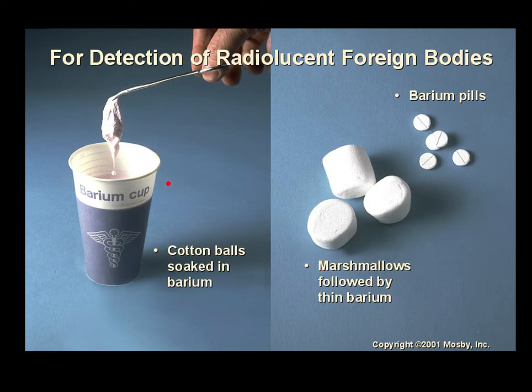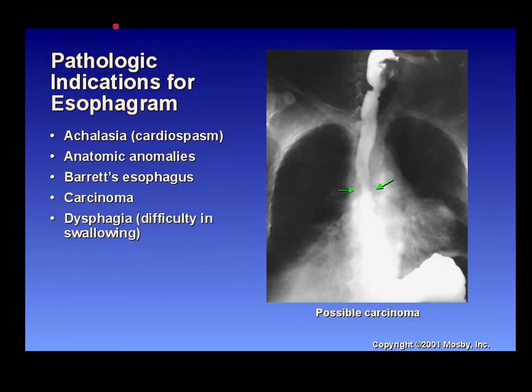So a lot of times some of this stuff isn't used anymore for just an esophagram, but keep in mind every place is different, and in your work experience you may run across some of this where they're giving them marshmallows followed by barium, or some barium pills to watch it go through the esophagus.